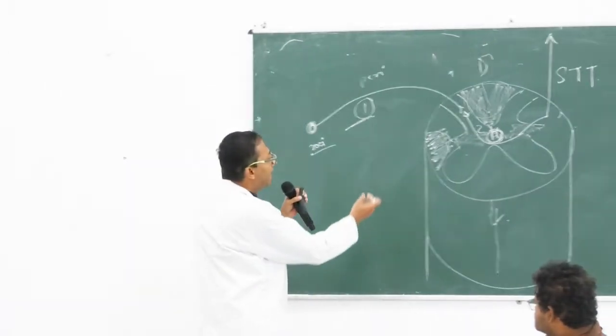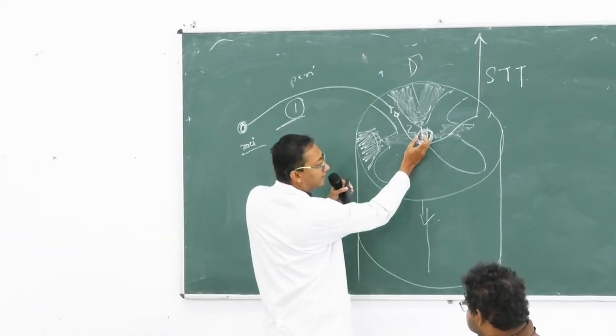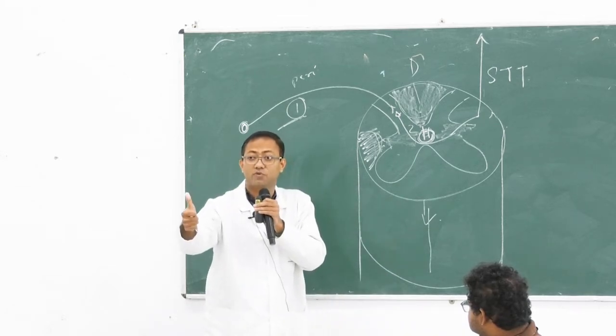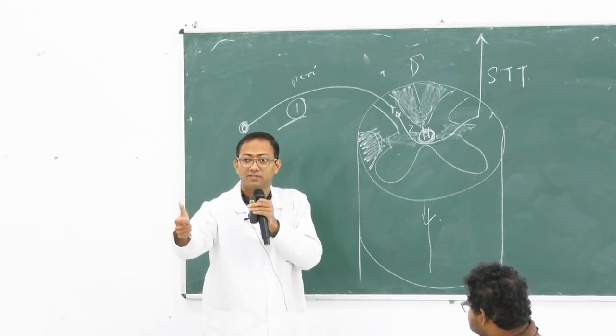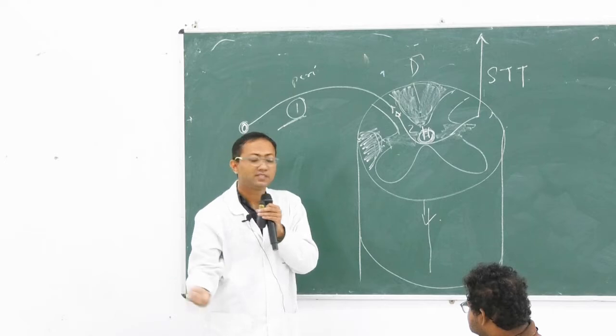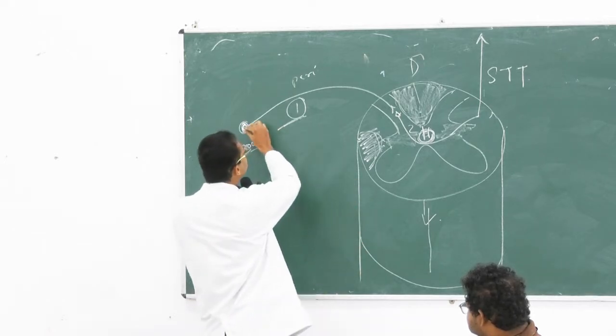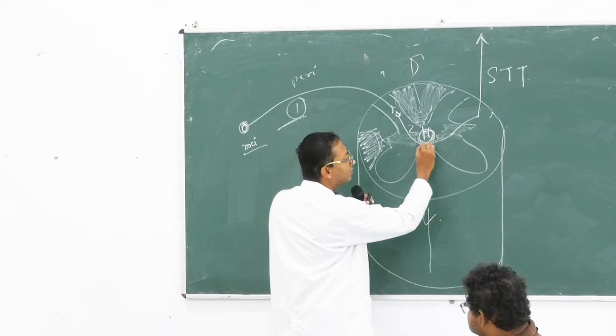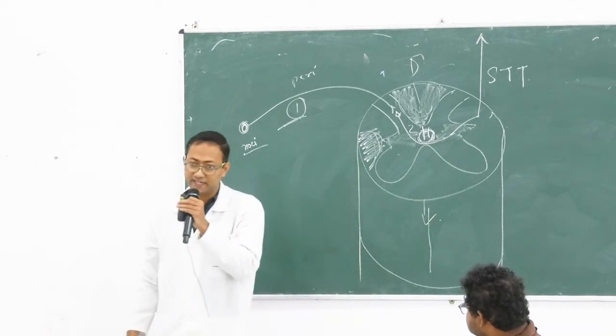So what will happen? As this fluid-filled cavity increases in size, it will compress which tract, which nerve? Say, this is your spinothalamic tract, the second order neuron just passes in front of the spinal canal, right?